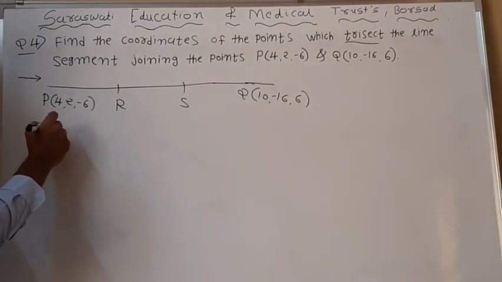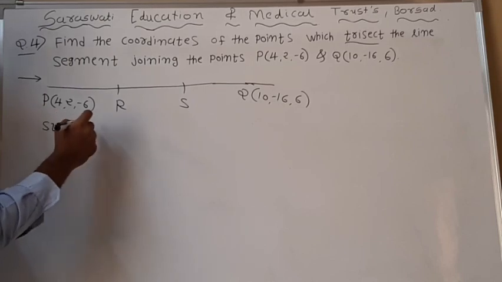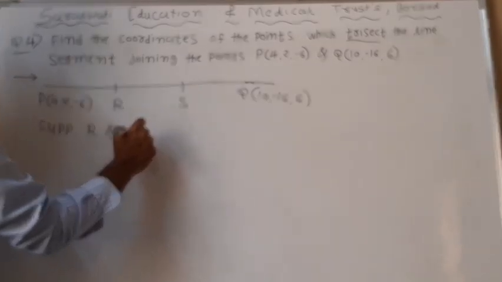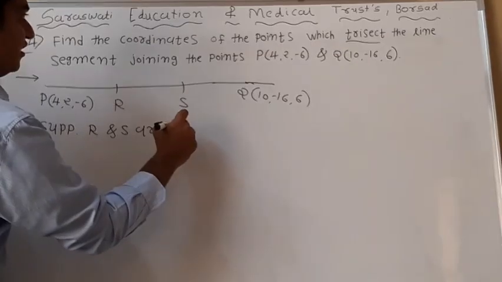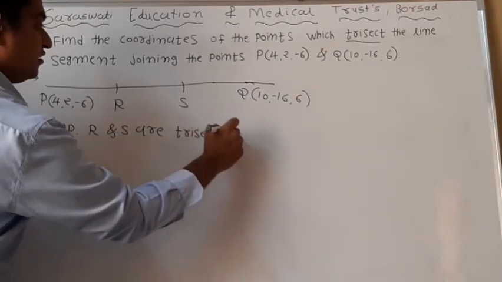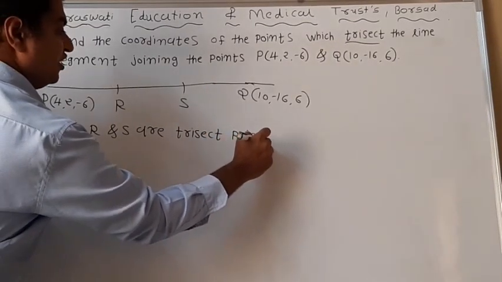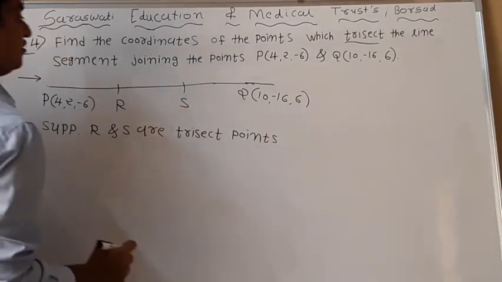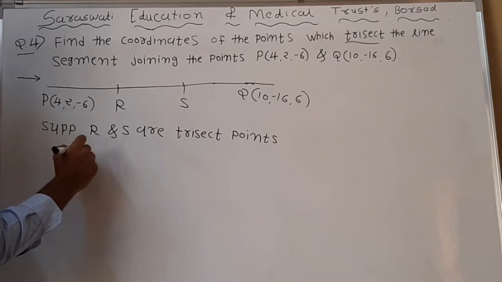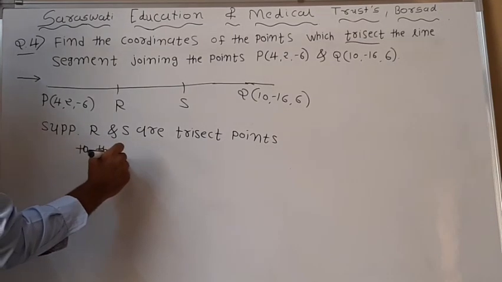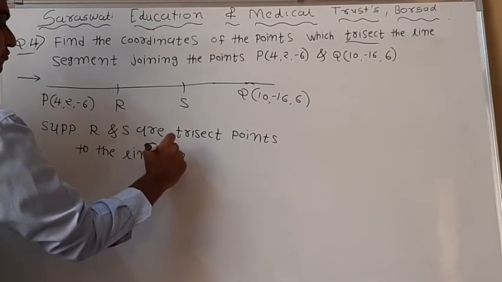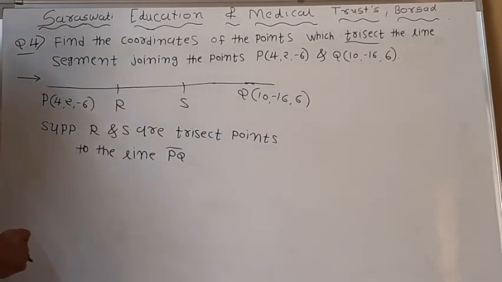So first we write here, suppose R and S are trisect points to the line segment PQ.